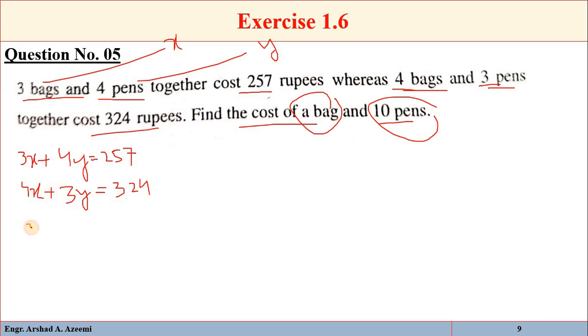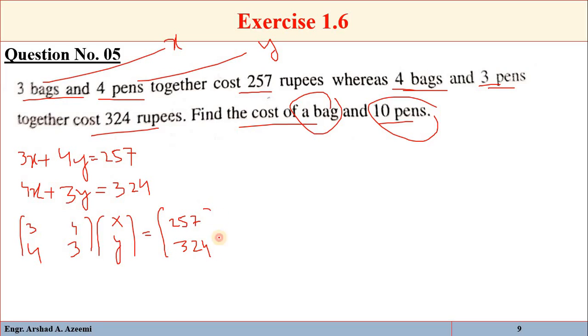So convert it into matrices: [3 4; 4 3] times [x; y] is equal to [257; 324].